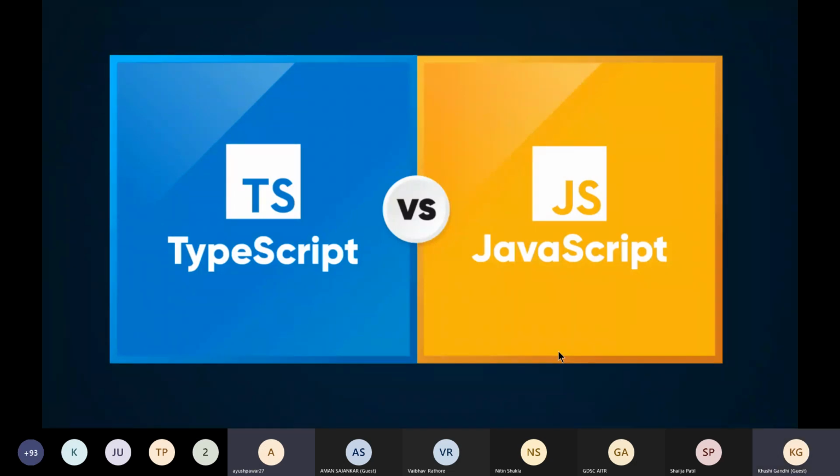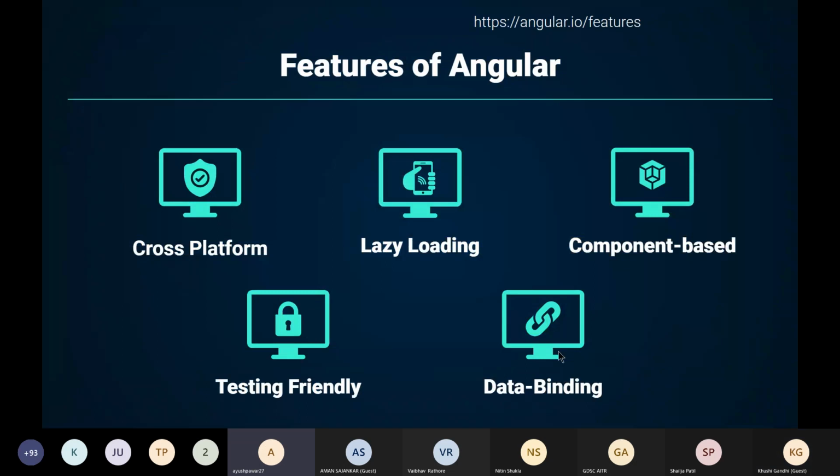Next, if we talk about features of Angular, first of all, it is cross-platform and compatible with multiple browsers. An Angular application can typically run on all browsers, for example Chrome and Firefox, and different operating systems such as Windows, Mac OS, and Linux.